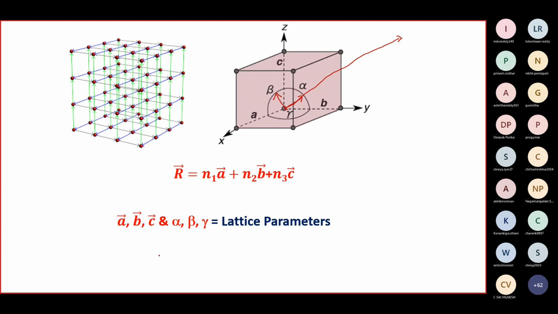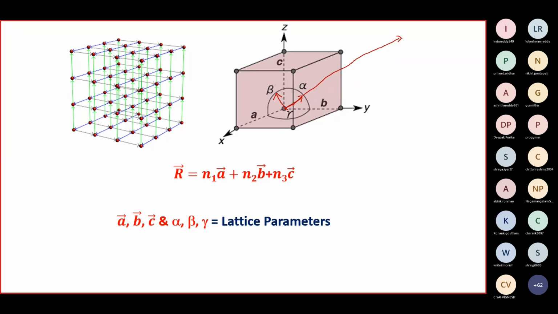Here A, B, C, which previously I called basis vectors, along with alpha, beta, gamma, are called lattice parameters. To define a three-dimensional lattice, all I need is the three vectors A, B, C and the angles between them.